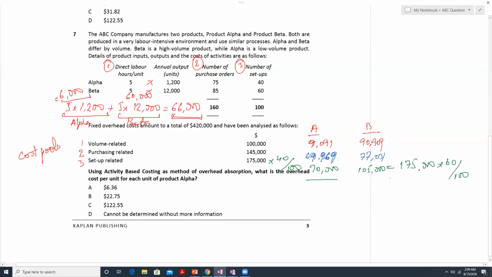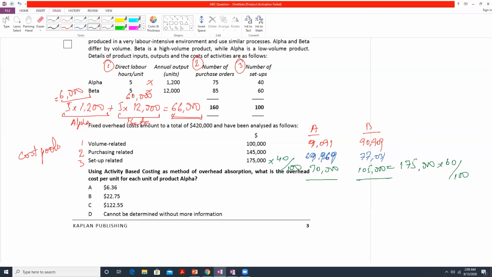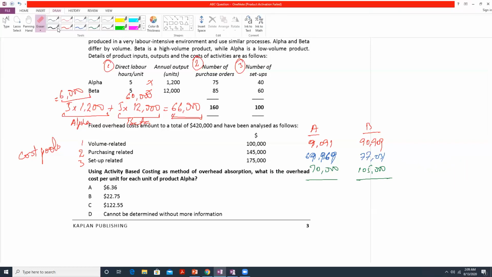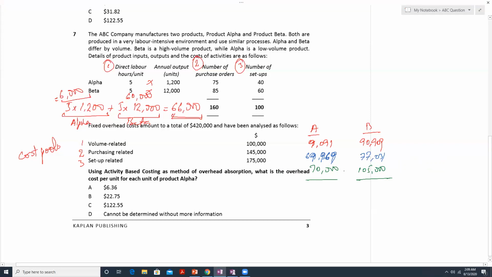Now, it looks like we have allocated the three different types of overheads to products alpha and beta. Now we need to sum up. What we need to do is find the total for alpha and the total for beta.